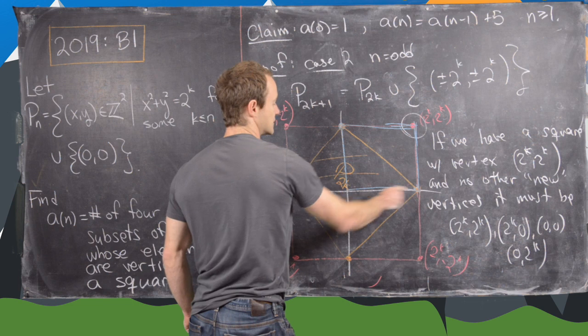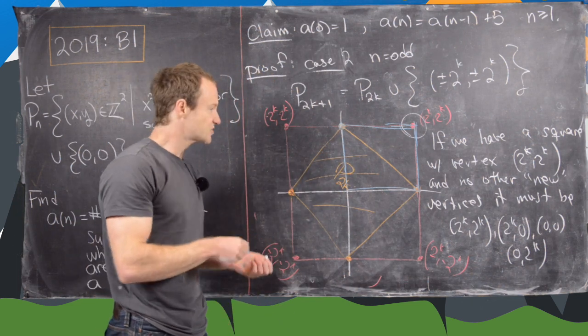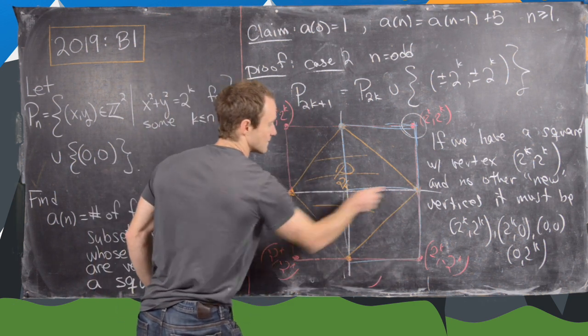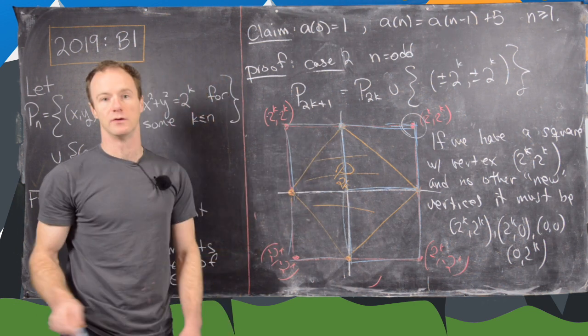So in other words, it goes like that. Good. So just as before, that gives us 4 additional squares of that type, which I've drawn in blue.